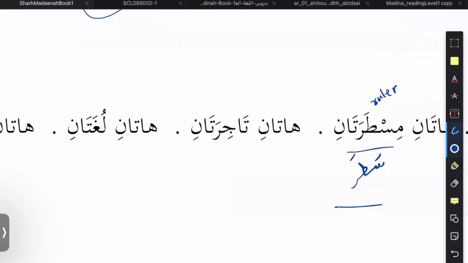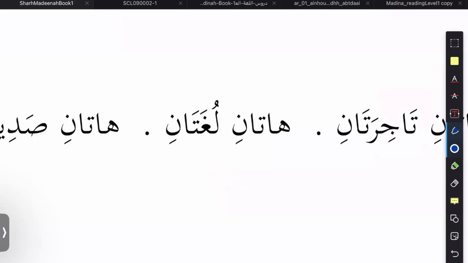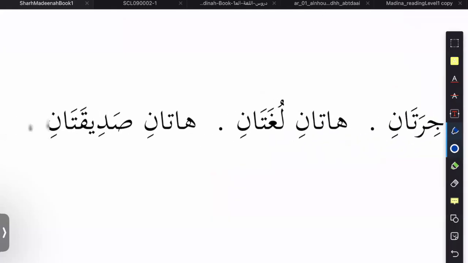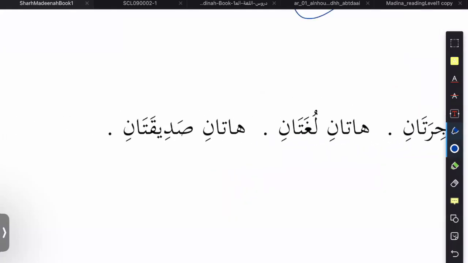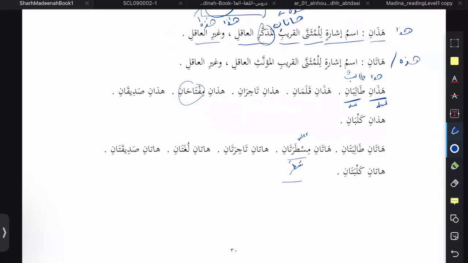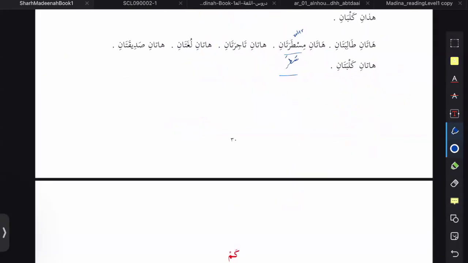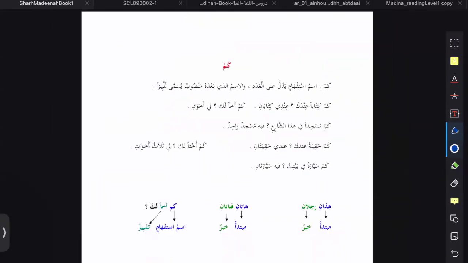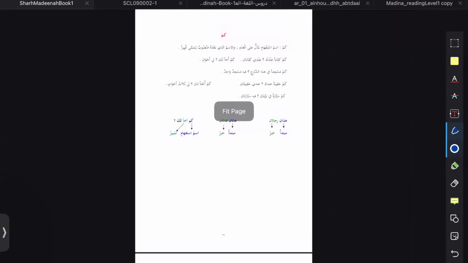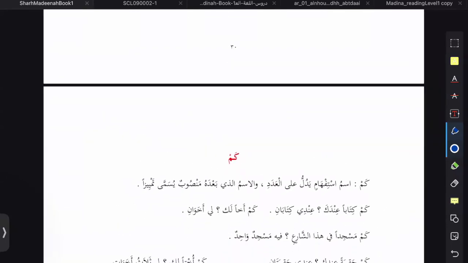So this is the female business person. هاتان لغتان. These are two languages. هاتان صديقتان. These are two female friends. As you can see, these are very, very simple stuff, nothing too complicated, okay? I'm still trying to see if the author mentioned the other state or not. He didn't. No. Maybe I'll mention toward the end, okay?